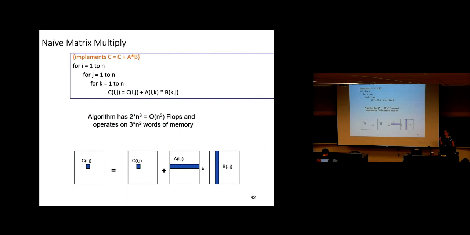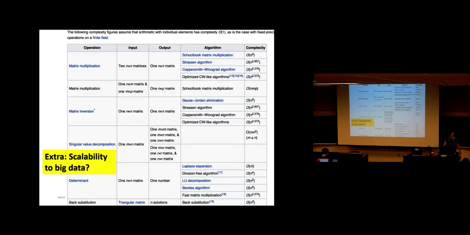But in truth this is not the true cost, because of course you can do the naive for loop, and there are a lot of numerical algorithms that are much faster.